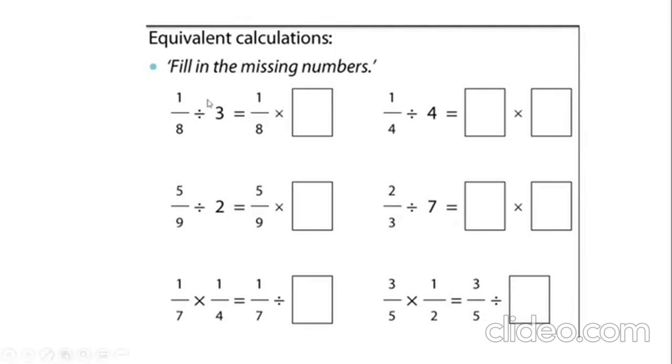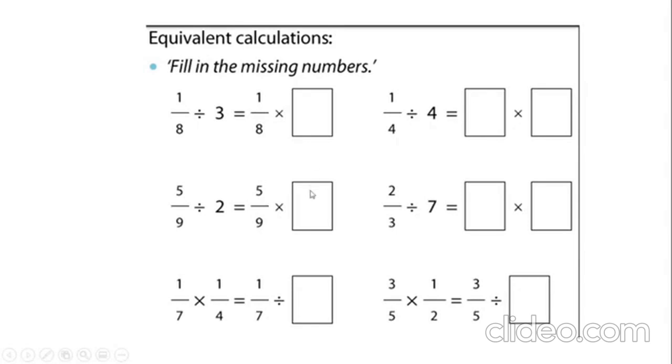So basically, whenever you see a whole number here, on these ones, you can turn it into a multiplication. So 1/8 divided by 3 would be the same as doing 1/8 multiplied by 1/3.